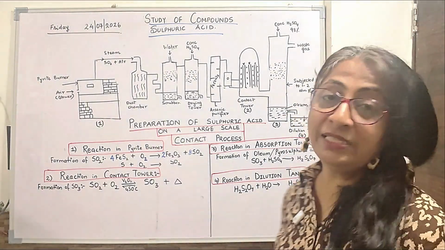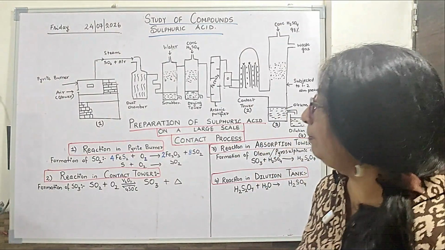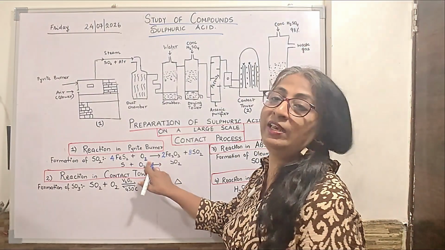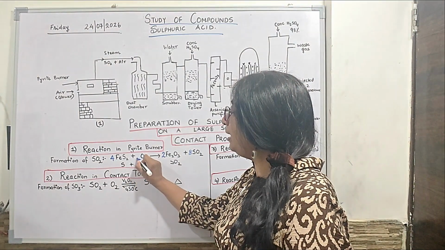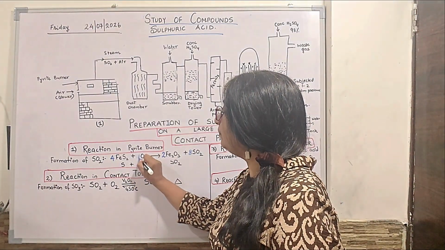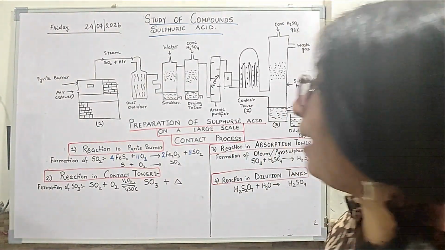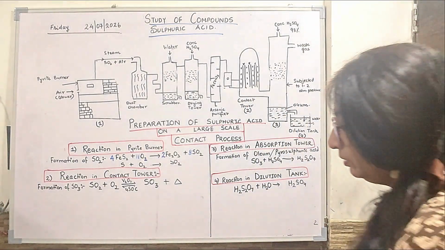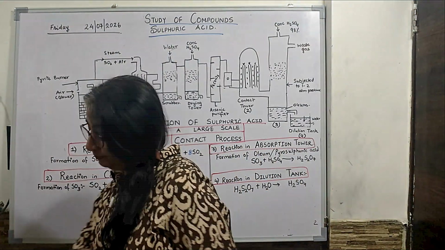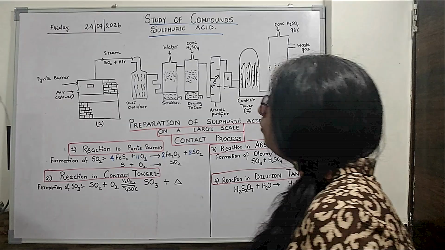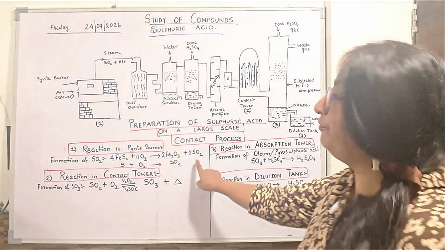So 16 plus 6 makes it 22. How do I make oxygen 22? It's very simple, because here there is 2 and we multiply 2 with 11 to get 22. This is how we do the balancing of some difficult, challenging reactions.